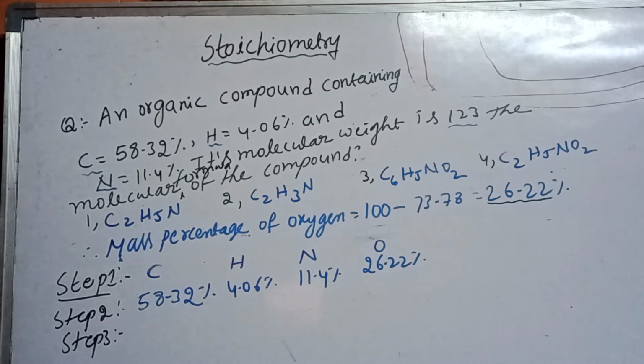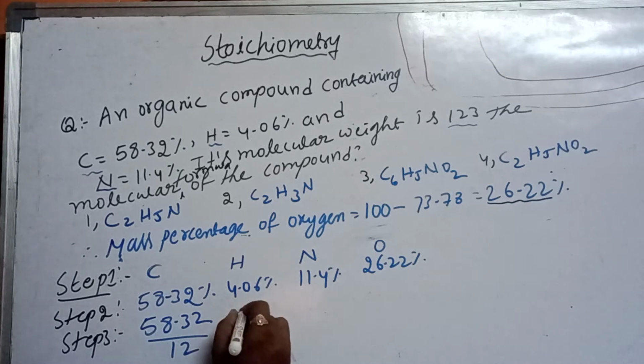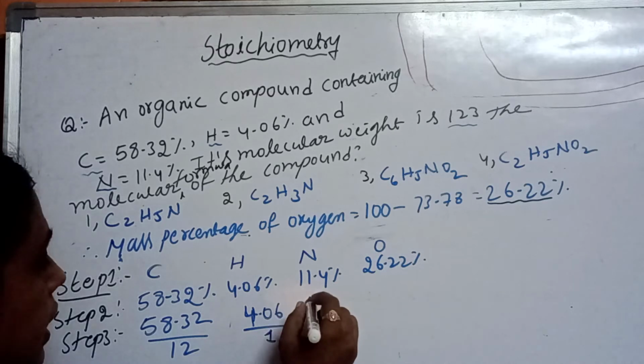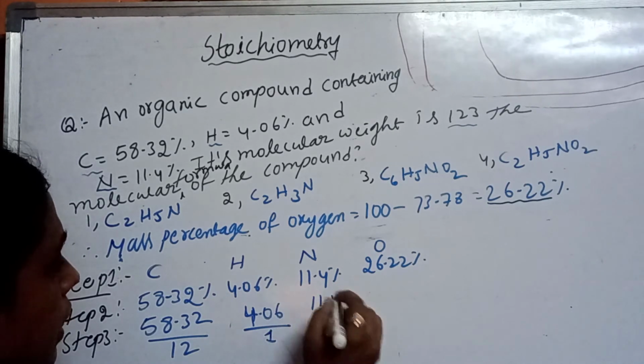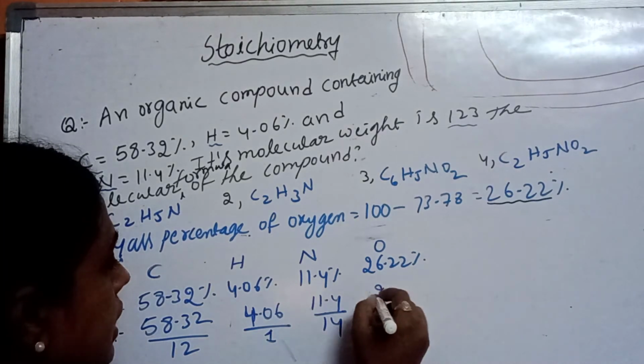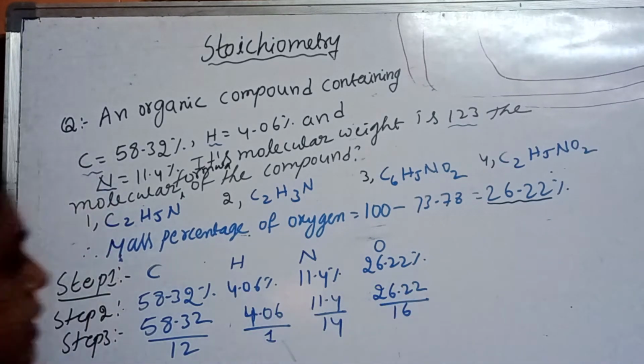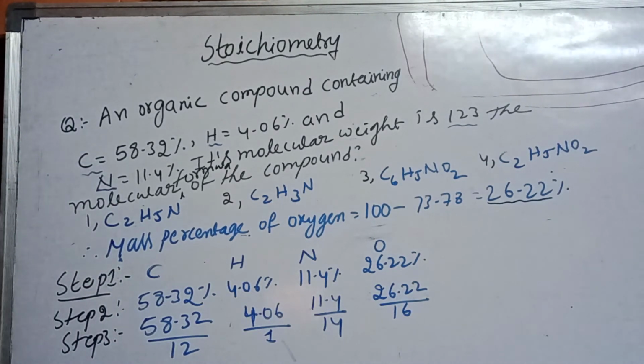The atomic mass of carbon is 12, so 58.32 by 12. Then 4.06, the mass percentage of hydrogen, divided by its atomic mass, which is 1. Next, 11.4 by 14, the atomic mass of nitrogen. Then the oxygen mass percentage is 26.2, divided by the atomic mass of oxygen, which is 16.